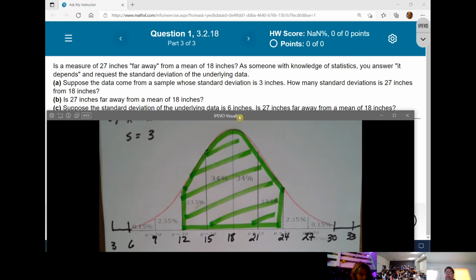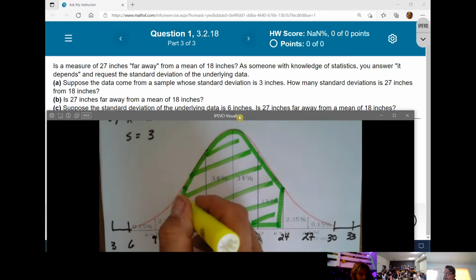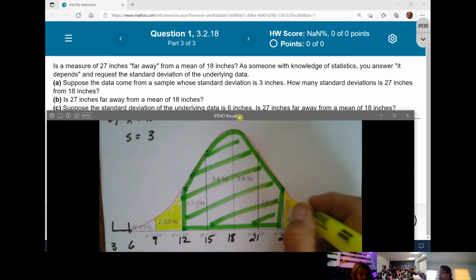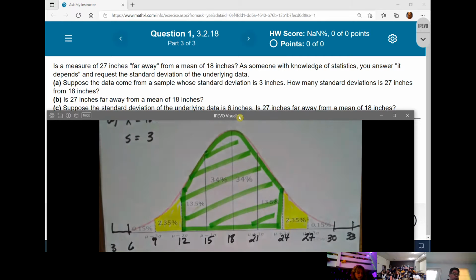And from 12 to 9 is unusual. And from 27 to infinity is what? Outlier.